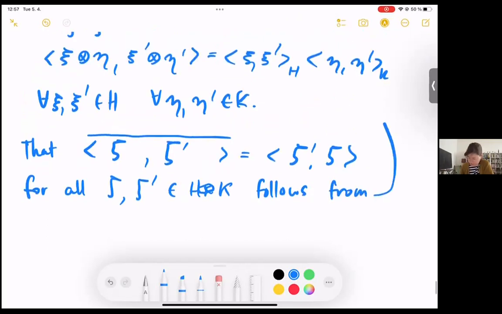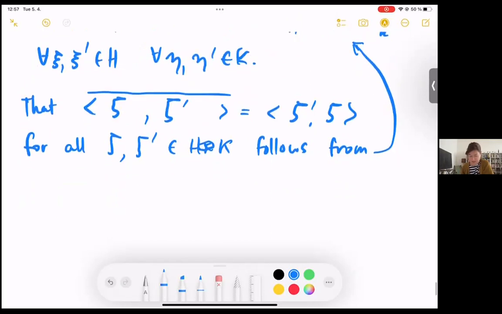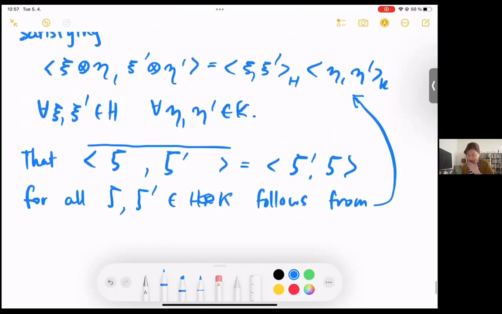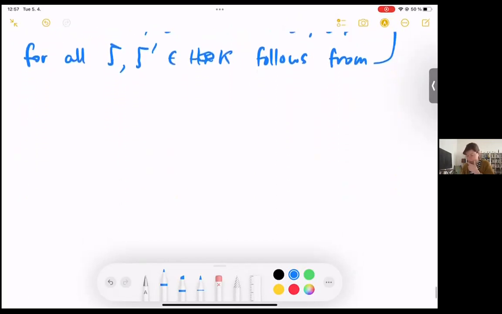So it follows from this, together with the fact that any zeta can be written as the linear sum of these simple tensors, so a finite linear combination of those simple tensors. So really the difficult thing is checking that it is positive definite.